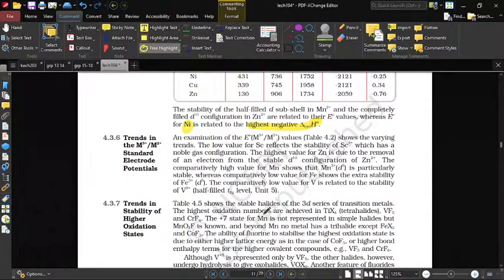The comparatively high value for manganese shows that Mn plus 2 is particularly stable, whereas the comparatively low value for iron shows the extra stability of Fe3 plus, that is the d5 configuration. The comparatively low value for vanadium is related to the stability of V plus 2, with a half-filled t2g level.